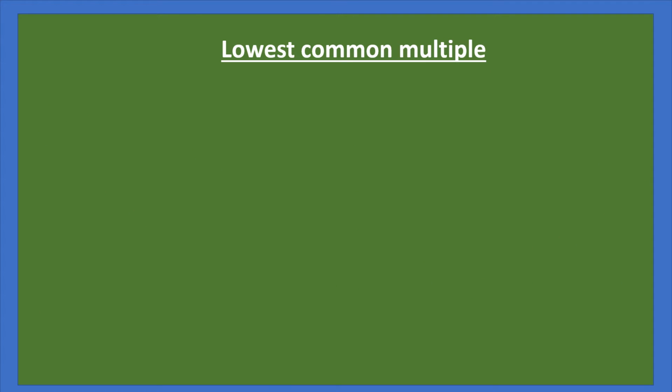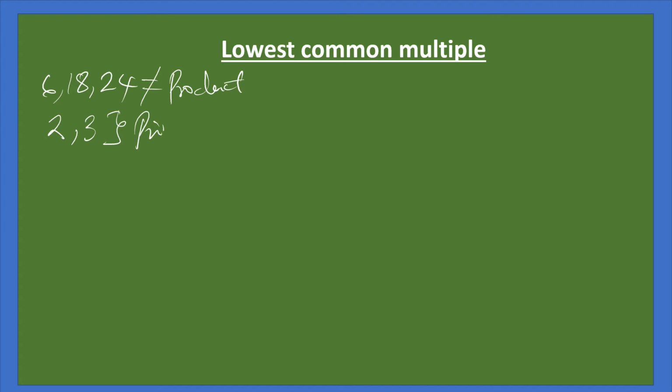Okay, so why is the LCM of 6, 18, and 24 not equal to their product? Like I said, if you look at when we divided them, you notice that 2 was common amongst them, and 3 was also common amongst them. So these 2 and these 3 are called prime factors.